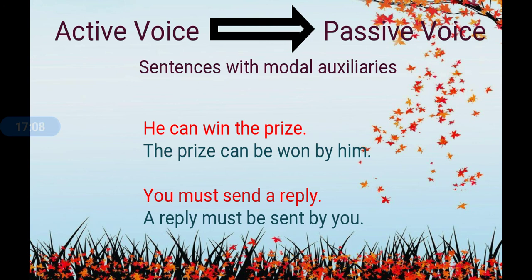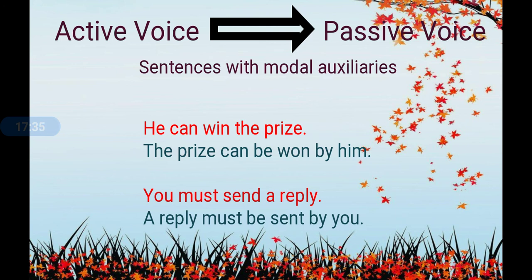He is the subject in the active voice, that should become the object. So the prize can be won by him. We have to use the same can, but after that we should use be, can be. After that, past participle form of the verb should be used, that is won, can be won by him. The prize can be won by him.